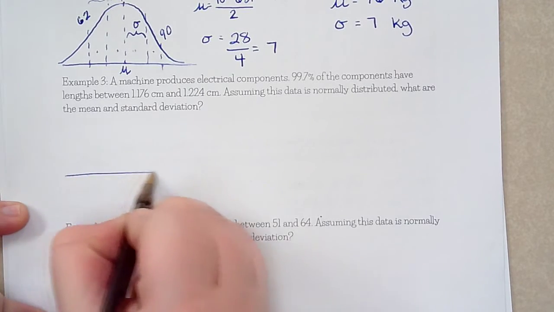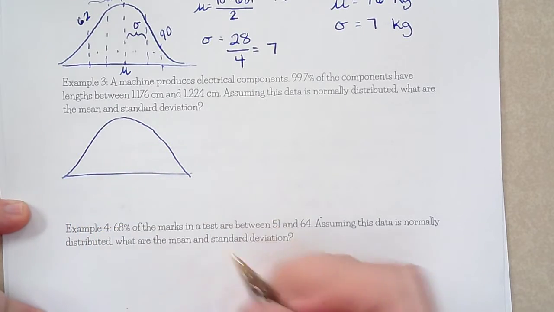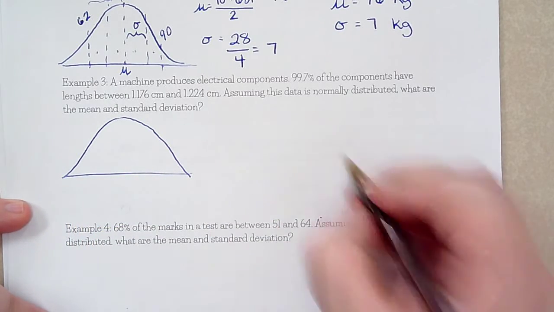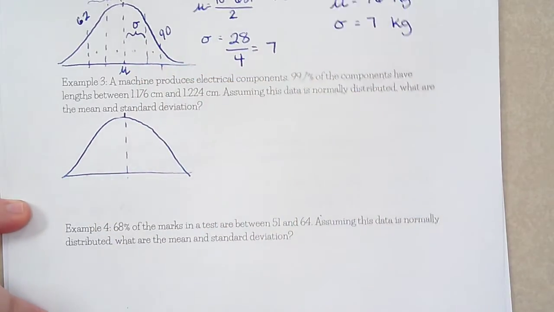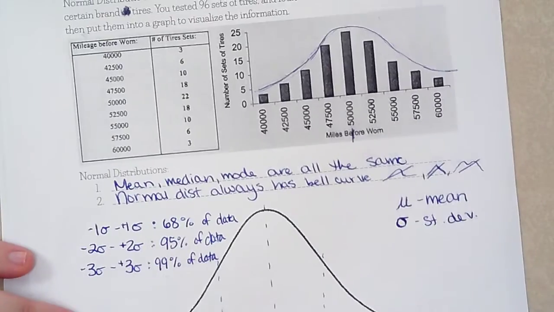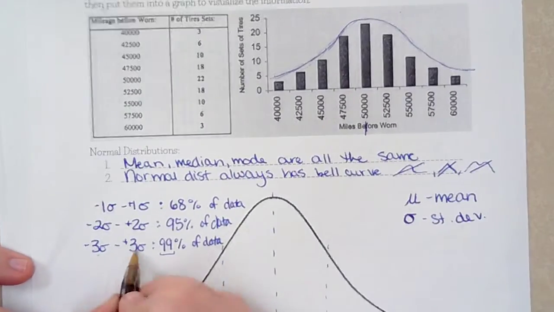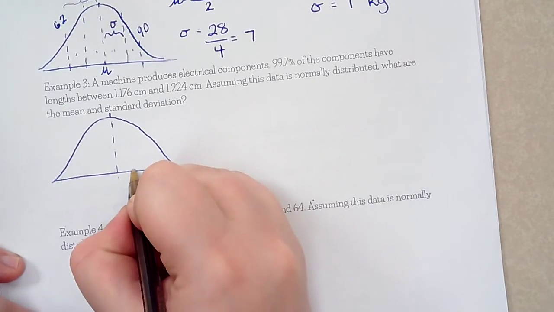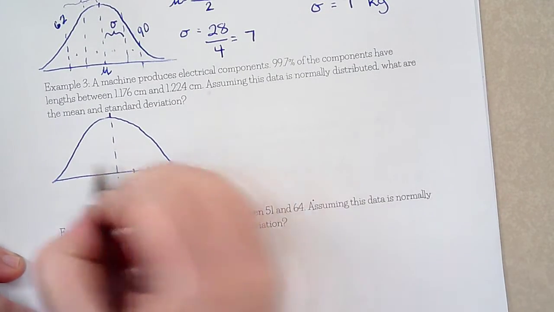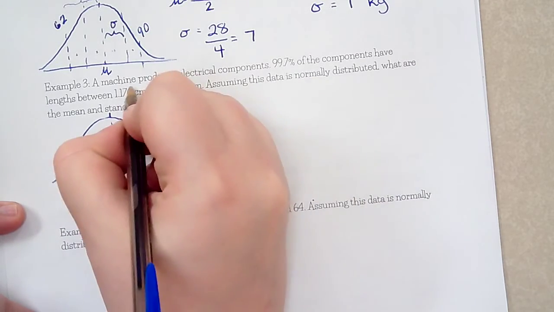Again, we're going to throw up a bell curve, and it says 99.7. So that puts us all the way out. If we remember from here, 99.7 or 99% of our data falls between the -3 and the +3. So we have to click out 1, 2, 3, 1, 2, 3 in both directions.